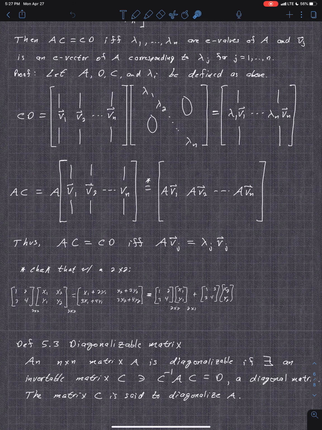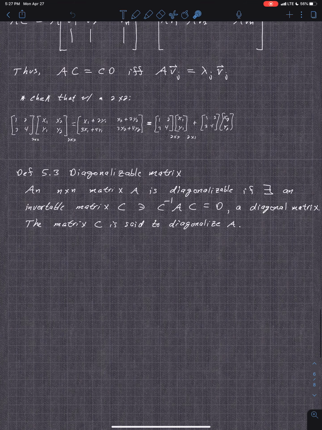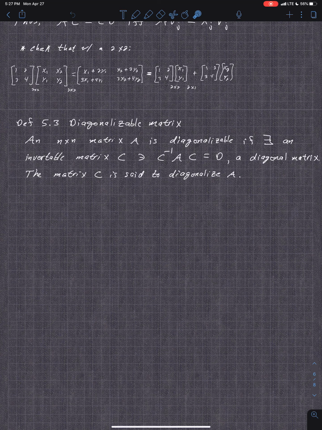Okay, moving on to more definitions of a diagonalizable matrix. An n by n matrix A is diagonalizable if there exists an invertible matrix C such that C inverse times A times C is equal to D, a diagonal matrix. What we say then is C is said to diagonalize A. That's the concept. So a couple things to remind us of.